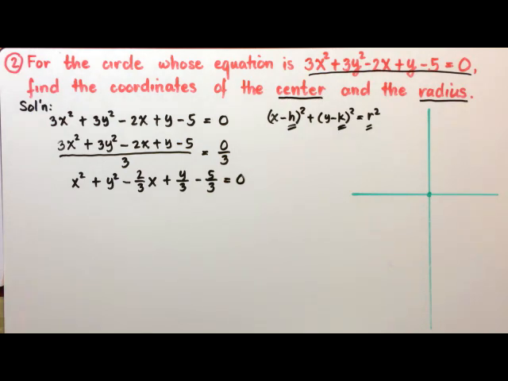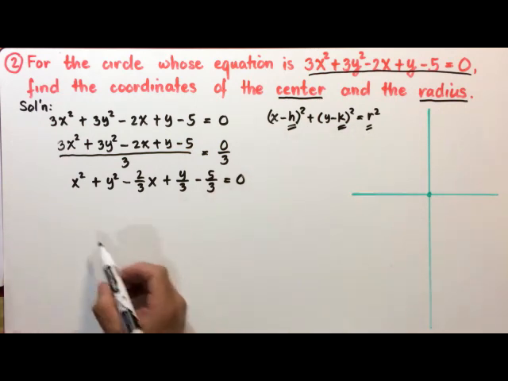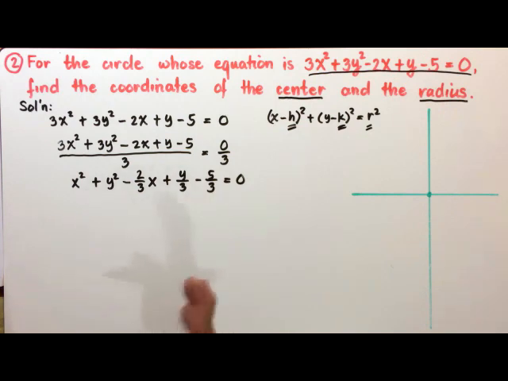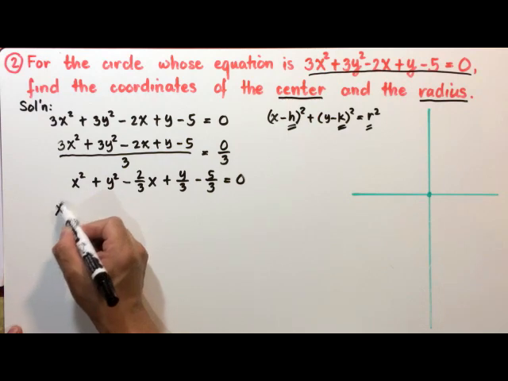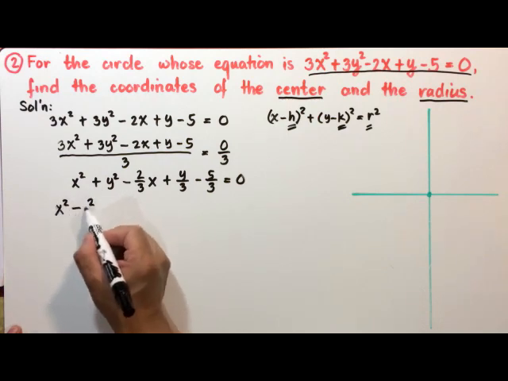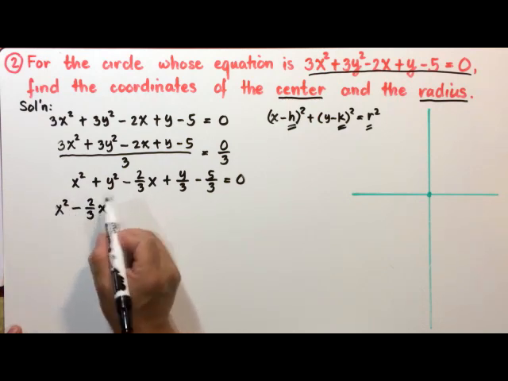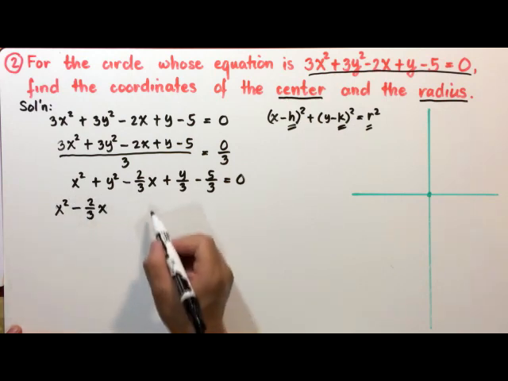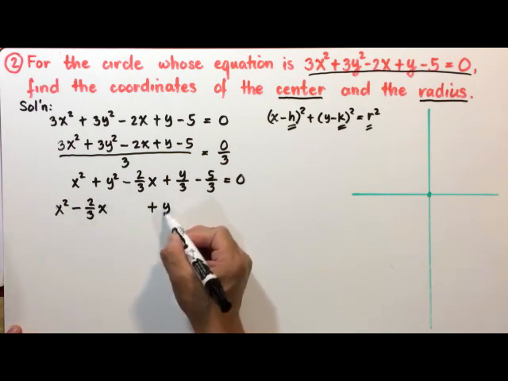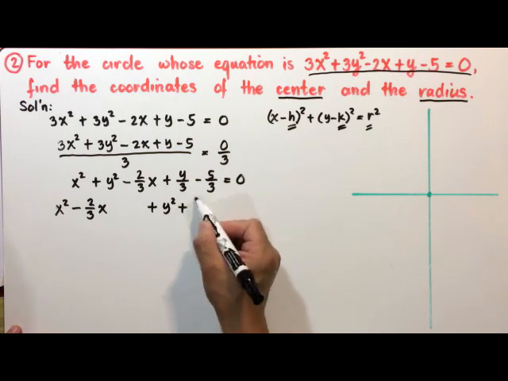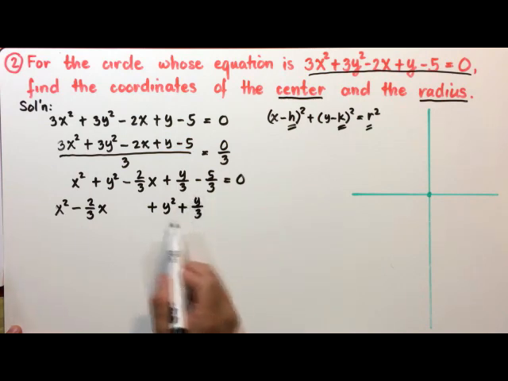Next is to rearrange the terms so that I can form this. I group all the terms having x and all the terms having y. So x squared minus 2/3 x together, and then I group also y squared plus y over 3, because these are the terms having y.